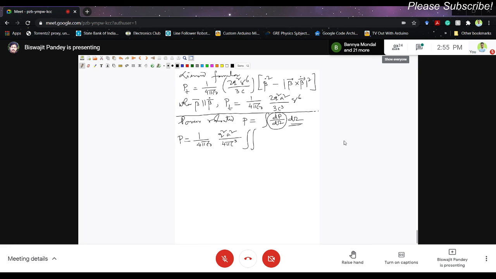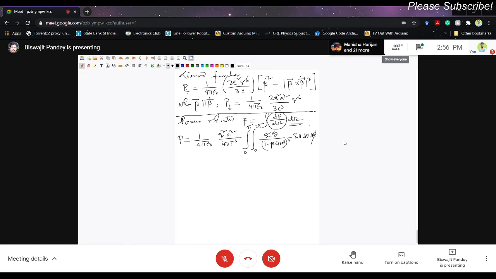So what is dP/dΩ? This multiplied by sine square theta divided by 1 minus beta cos theta to the power 5. Theta goes from 0 to pi, phi goes from 0 to 2 pi. And dΩ, the solid angle, is sine theta dφ, right?